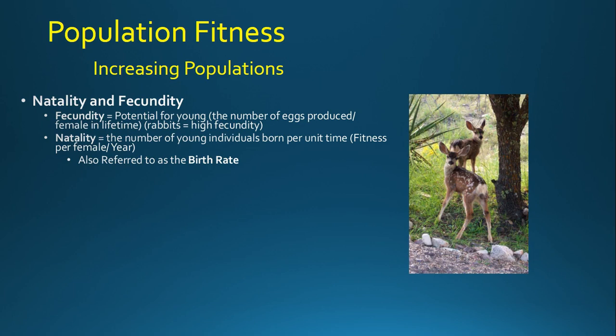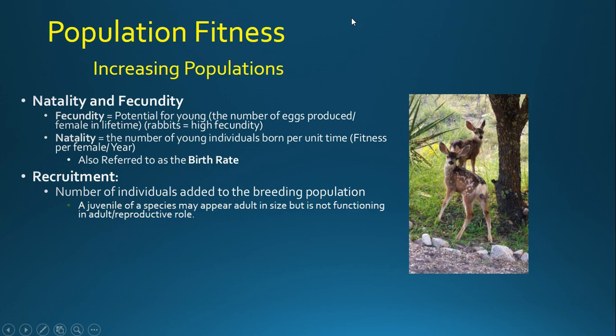Natality then is the number of young individuals born per unit of time, and we can refer to that as the fitness per female per year, and that's also referred to as the birth rate. Now, recruitment is the number of individuals that are getting added to the breeding population.